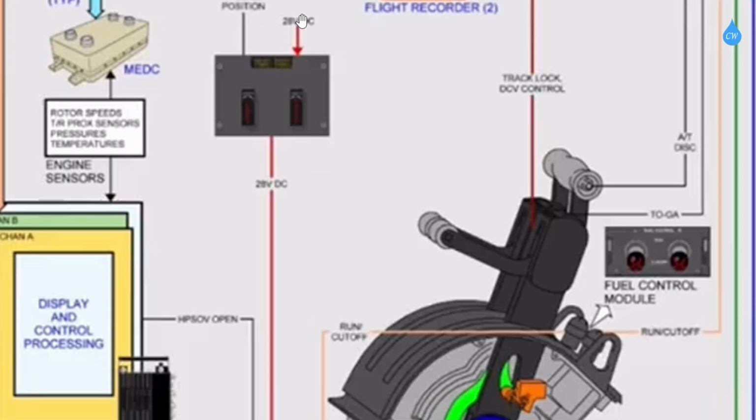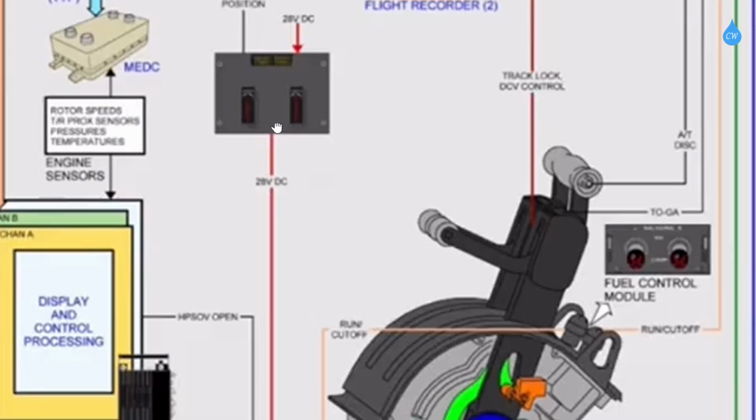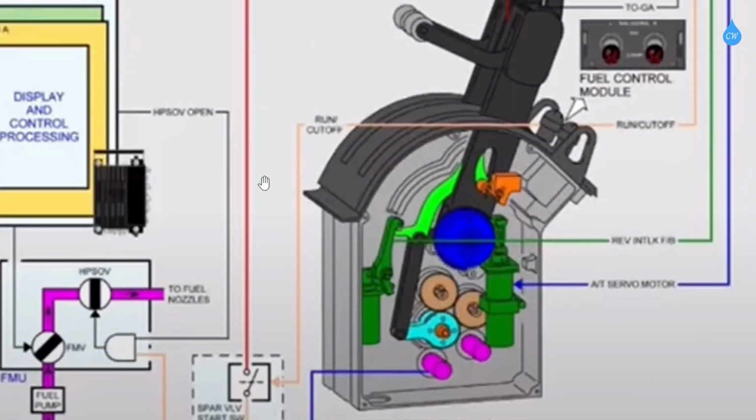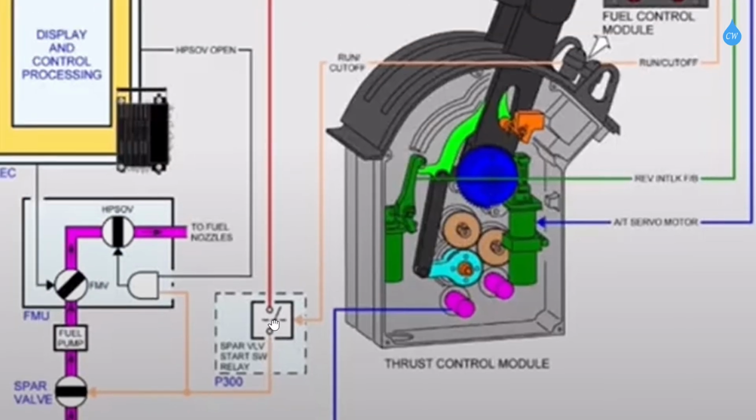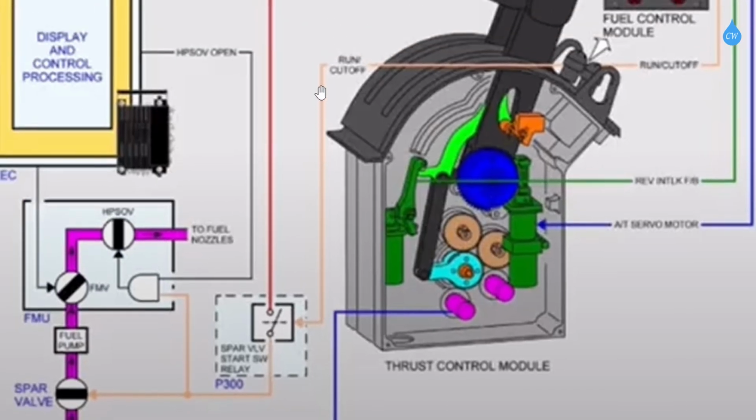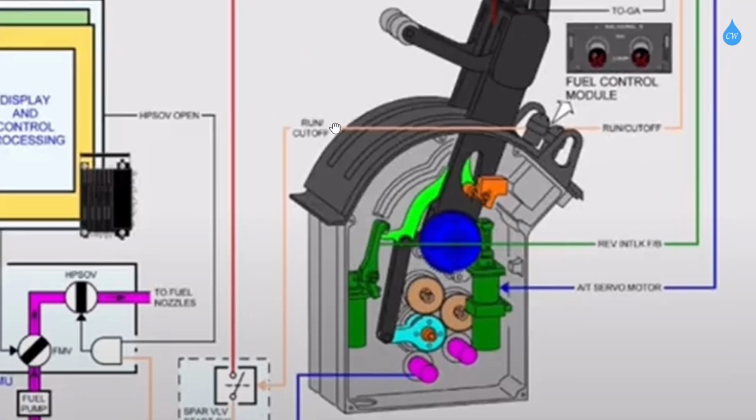The 28 volt DC comes into the fire protection panel for the engines. It continues and it goes to the relay for the spar valve, for the fuel valve for the engines. Okay. And then I saw this line, I follow it, it says run cutoff, and it goes to the fuel cutoff switches.